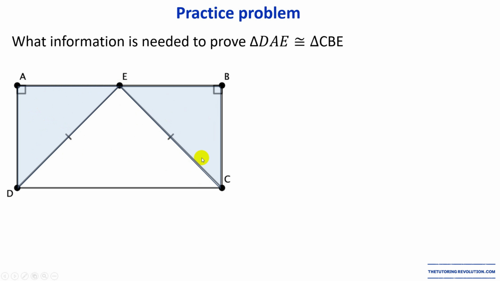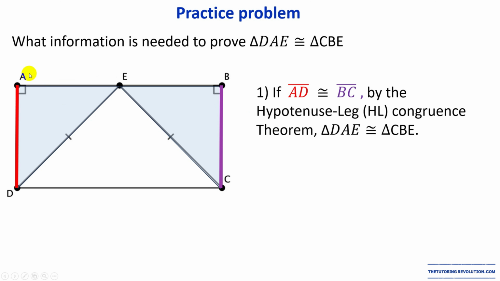It measures the same. So we just need one leg in common and we prove congruency. So it could be this leg that is congruent with this leg. That will be enough. So if AD is congruent with BC, by the hypotenuse-leg congruence theorem, then the two triangles will be congruent.